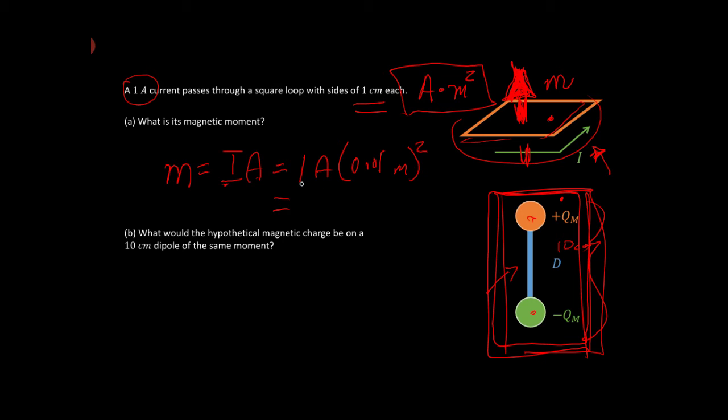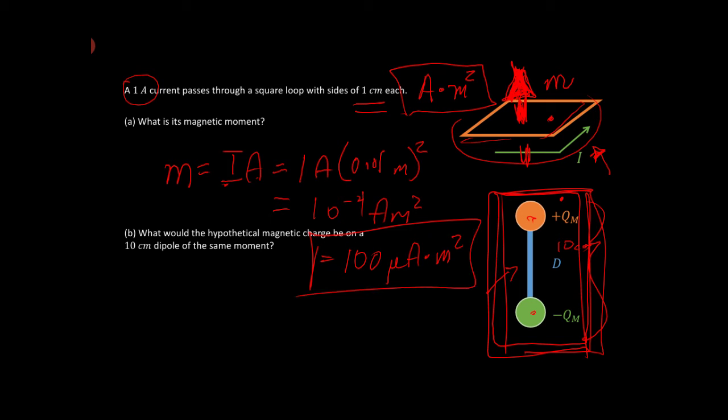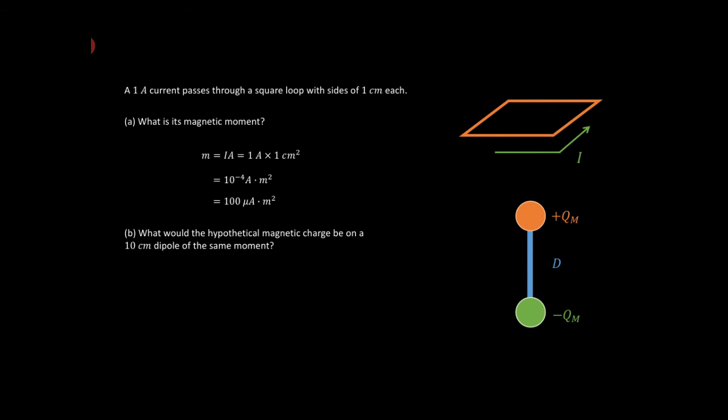Then we have 1 times 10 to the minus 4 amps meters squared, which could also be 100 microamps times meters squared. Okay, so that's the magnetic moment there. Good, we're okay with that one. Now I want to figure out what the charges on this would be if we had this moment that we just calculated, m, for this guy.